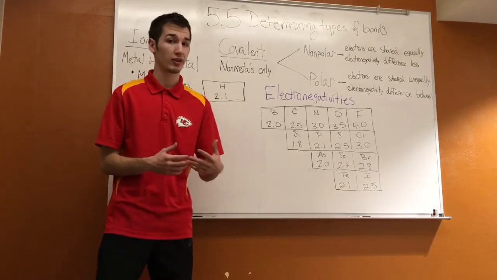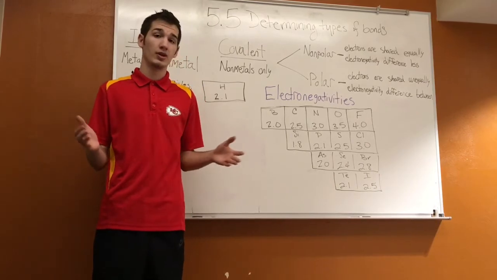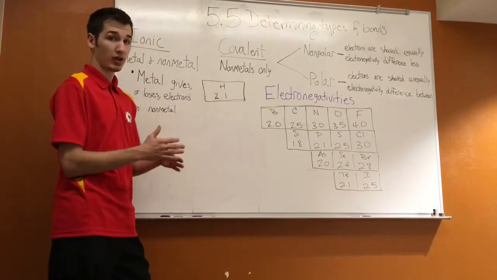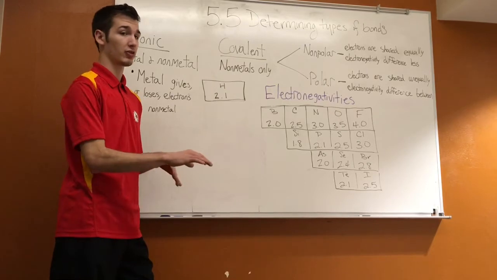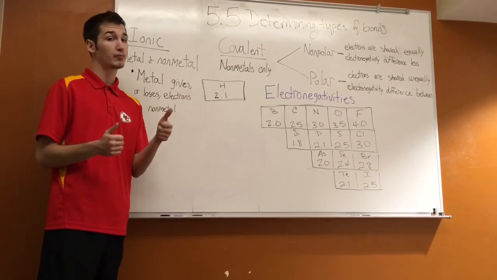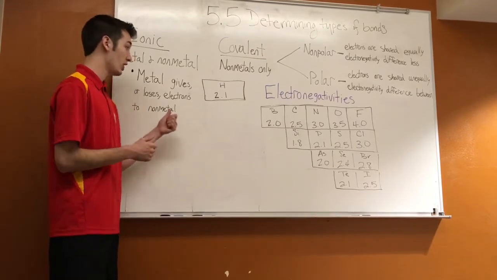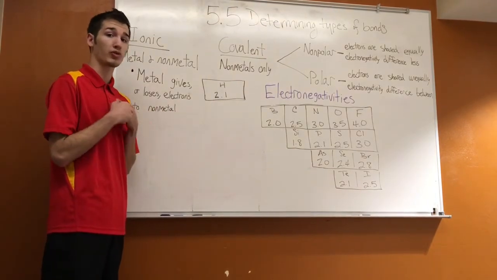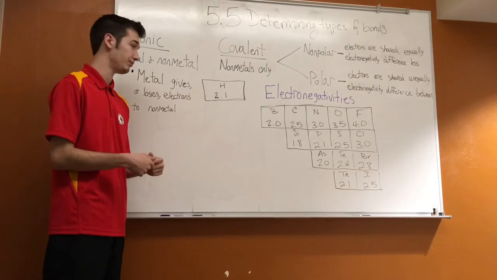Covalent bonds don't conduct electricity because they have no metal. And just remember, as a review, ionic bonds have high melting points and high boiling points because those bonds are so strong. It takes so much energy to break them.